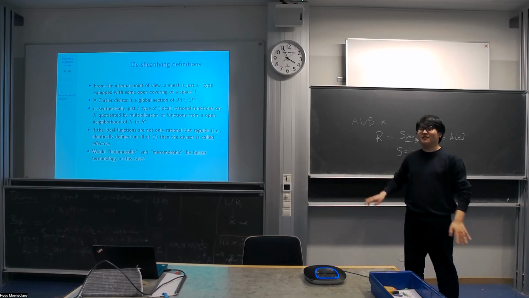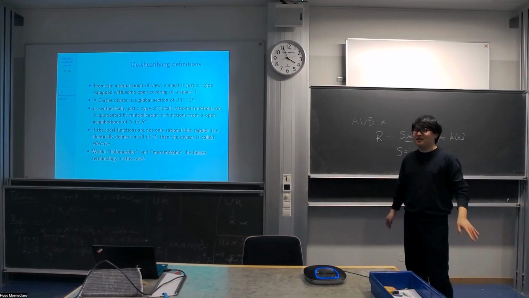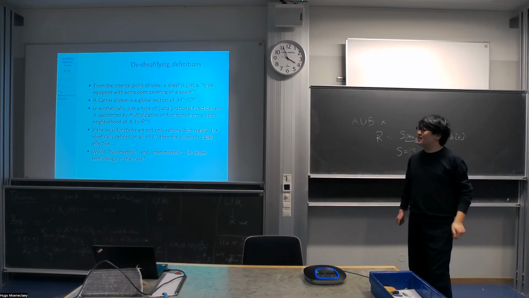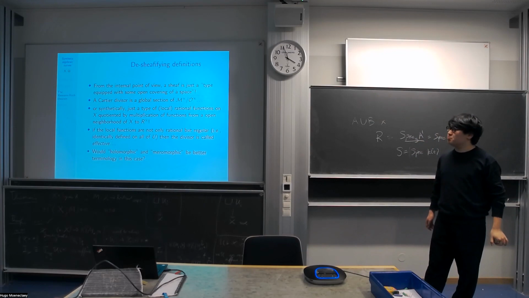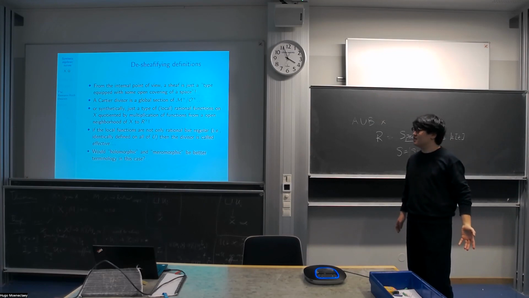But if we throw out all of the sheaves and go into the internal perspective, which hopefully all of us kind of have an idea how to do, it's just a type of local rational functions in X, quotiented by the multiplication of locally defined functions.